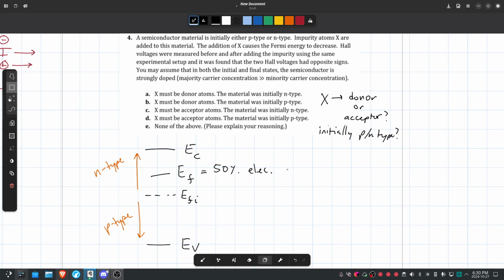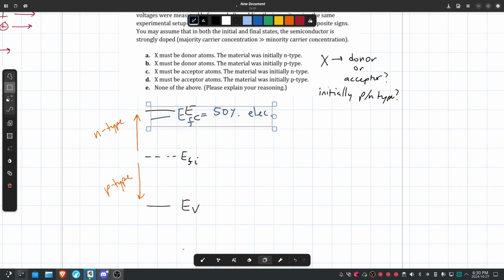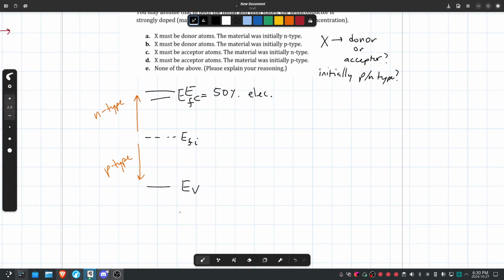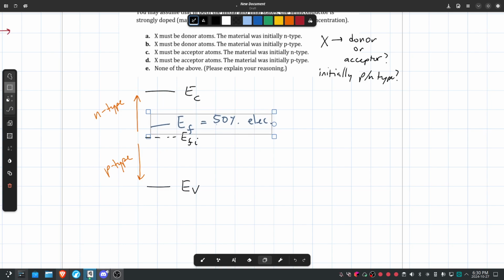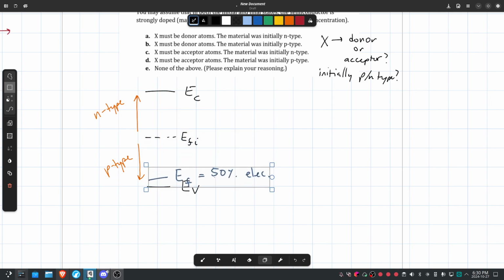So if we add more donors, the EF starts to rise up. Meanwhile, if we add more acceptors, acceptors essentially hog more electrons in the valence band. And so that will bring the Fermi energy level down. So as we add more acceptors, it's going to go down, down, and down.